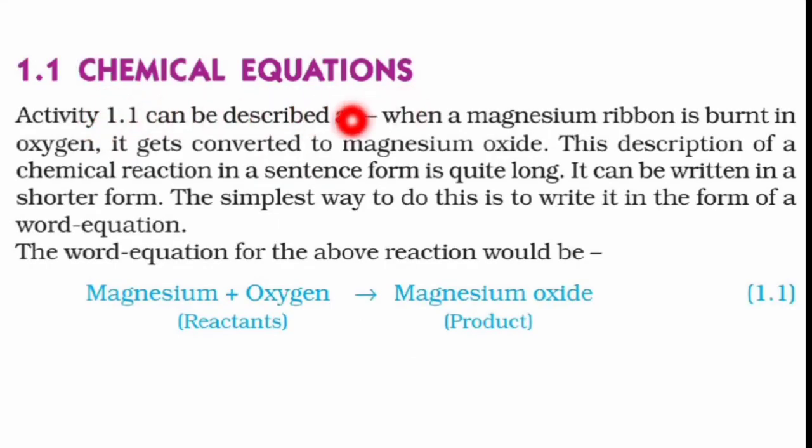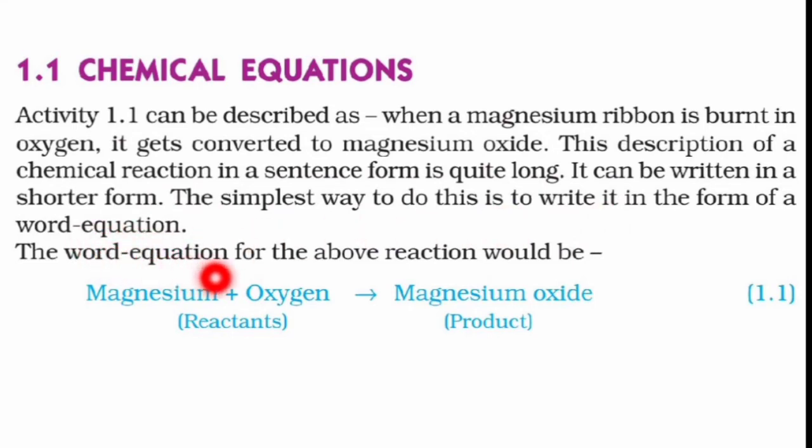Chemical equations. Activity 1.1 can be described as: when a magnesium ribbon is burnt in oxygen, it gets converted to magnesium oxide. This description of a chemical reaction in a sentence form is quite long. It can be written in a shorter form. The simplest way to do this is to write in the form of a word equation.